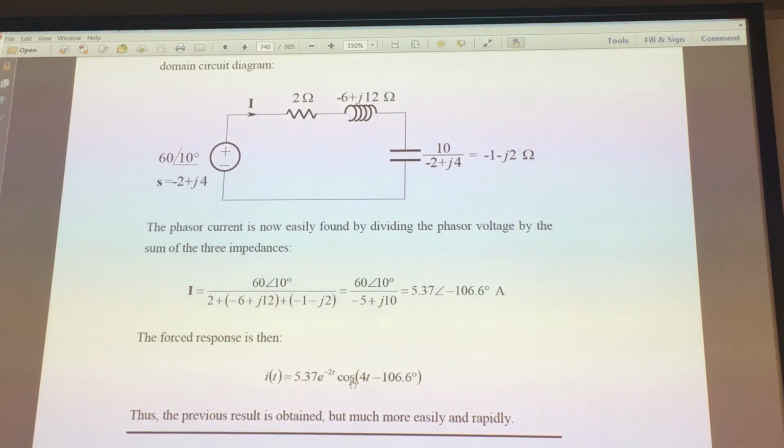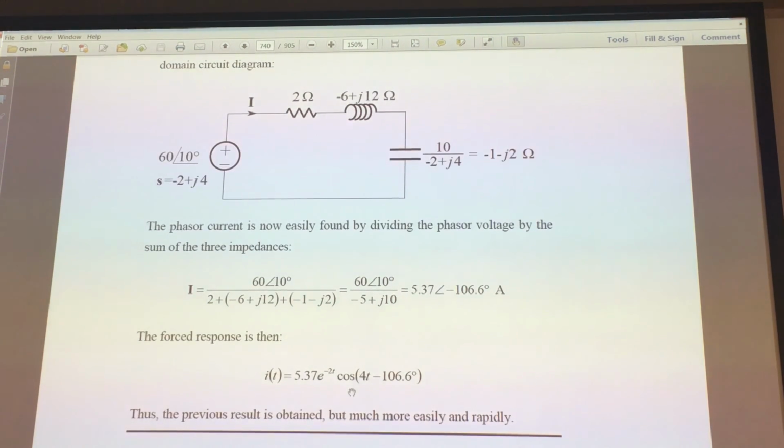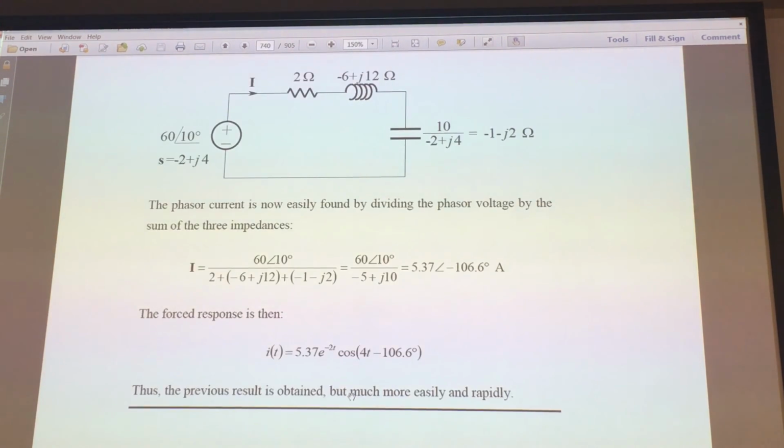And omega also cannot change, so it will be 4. So we can very easily go back to the time domain from this simple phasor expression. All you need to know is the phasor expression, which gives you the magnitude and the phase, and you need to know s. Using s, you can recreate the time domain damping factor, exponential decay and frequency.